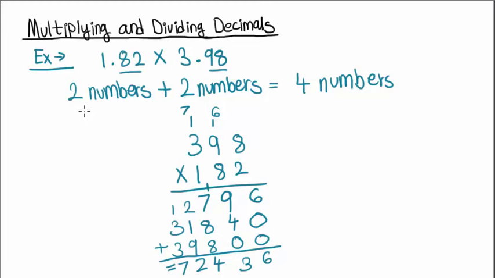Now, since I figured out earlier that my final answer will have 4 numbers after the decimal point, I need to put the dot right over here to give me my final answer of 7.2436.